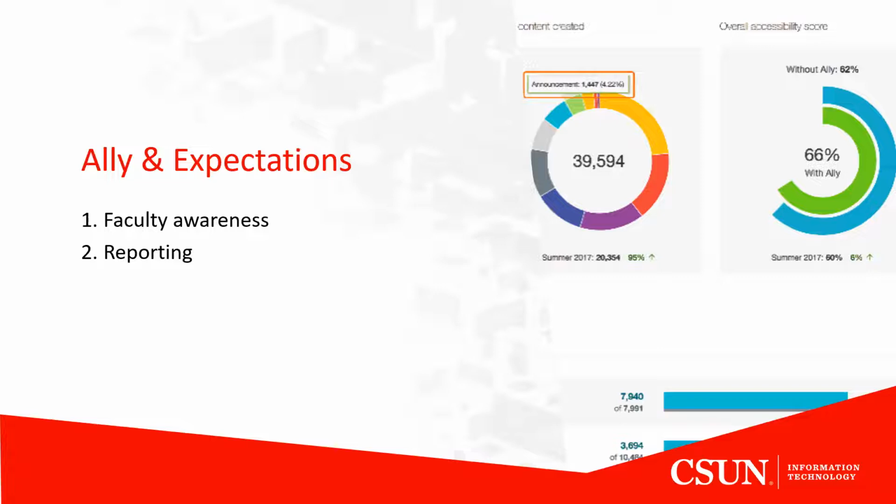We have folks who work a full-time job and teach 1 class in the evenings or on the weekends. We have folks that teach at multiple universities. And so by putting Ally into the learning management system, it was another very effective way to reach those folks. It's right there where they're working, where their materials are. And then, as I said, reporting was another goal. We'll talk about that.